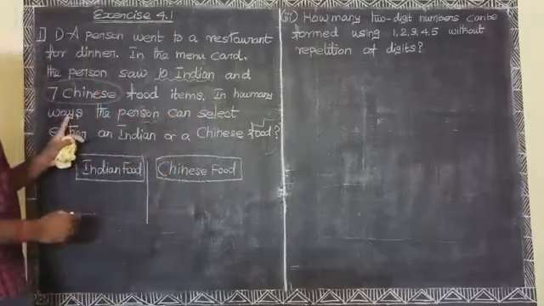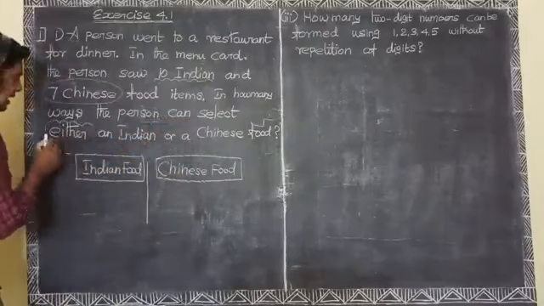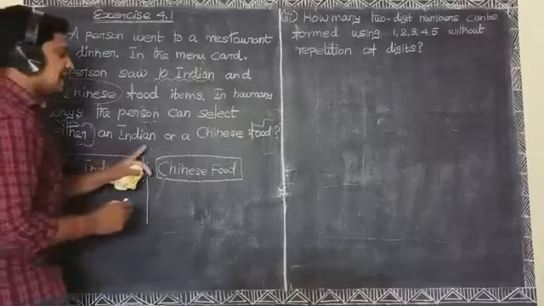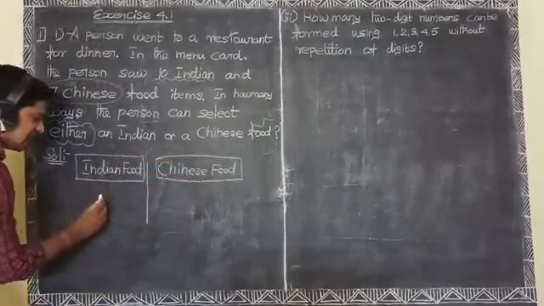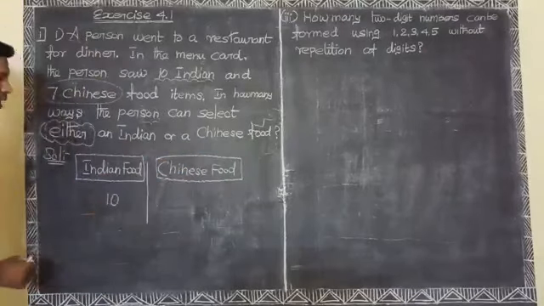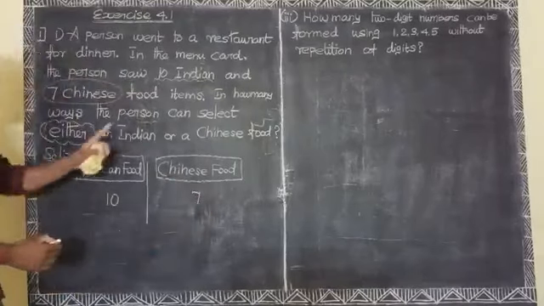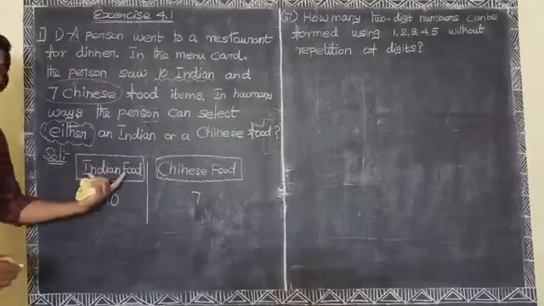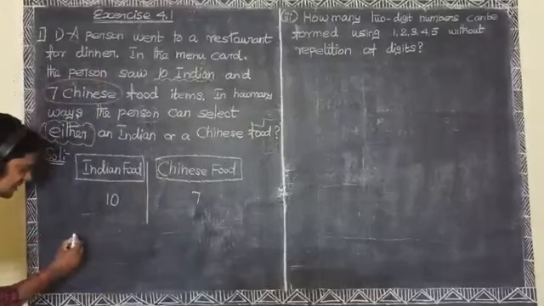In how many ways can the person select either an Indian or a Chinese food, using the sum rule? The total number of Indian food is 10. The total number of Chinese food is 7. A person can select either Indian food or Chinese food in the total number of ways.